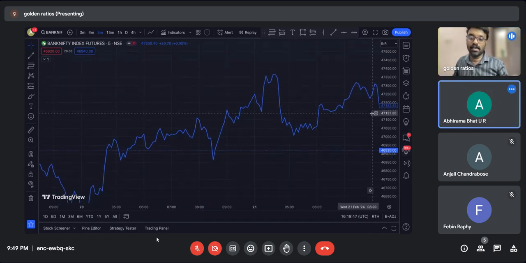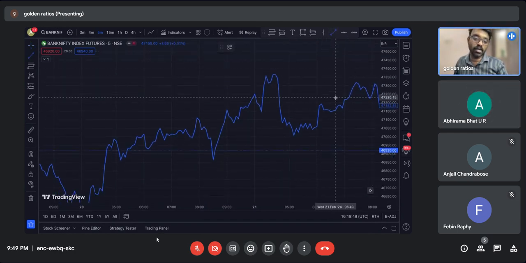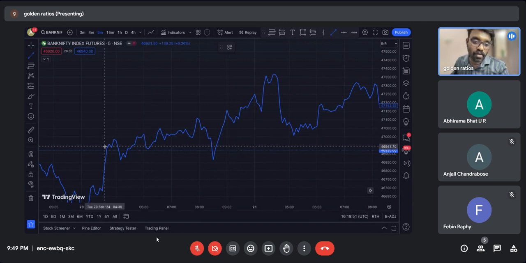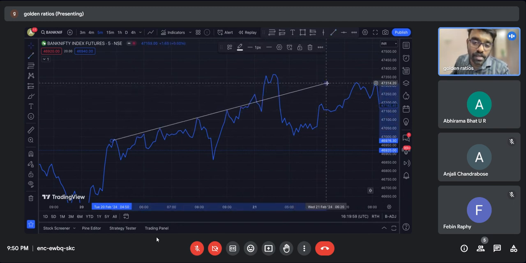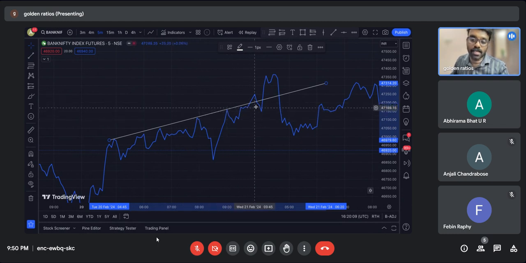So how I used to draw the line is, I won't see wick or body. There is no wick here, no body here, nothing. What I used to do, I used to connect the tips of this line. See, one, two, three, four, around 5 touches it got connected, right?